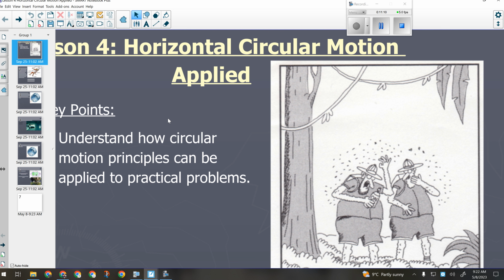Okay, but the main idea behind wanting to generate artificial gravity is how bad zero gravity is for the human body. It's really bad. Okay, most of Chris Hadfield's research, a Canadian astronaut, was based around the long-term effects of being in zero gravity. Okay, and there's lots of really bad stuff that happens to the human body because we didn't evolve in zero gravity.